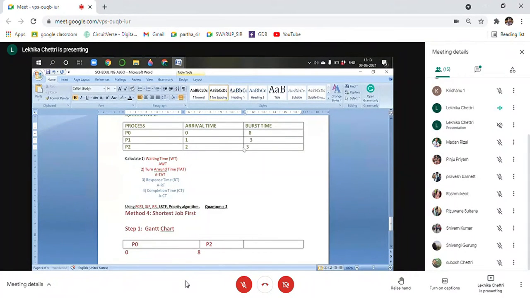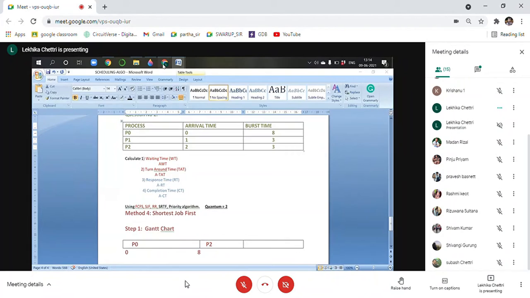So now comes the confusion. What does the algorithm do? Can anyone tell me which one will be chosen? According to shortest job we check the burst time, but now the burst time is the same. So how do we break the tie?